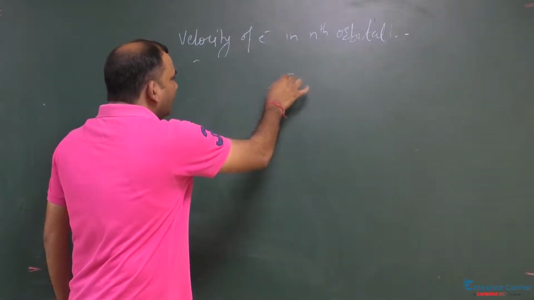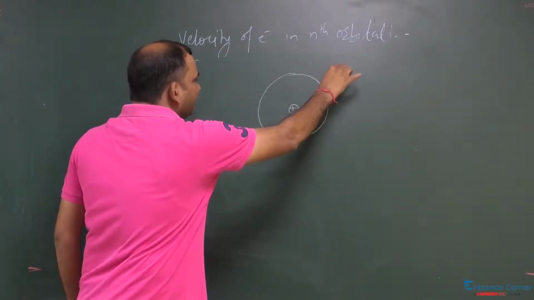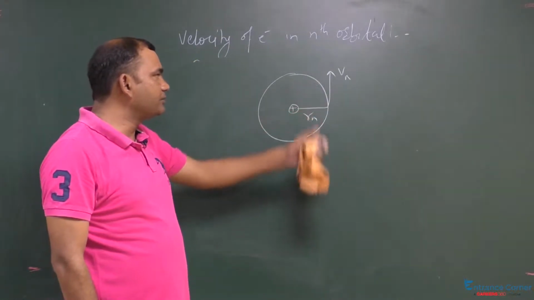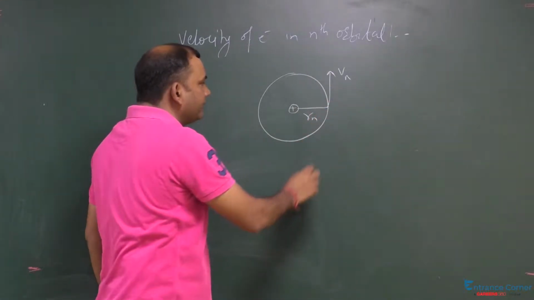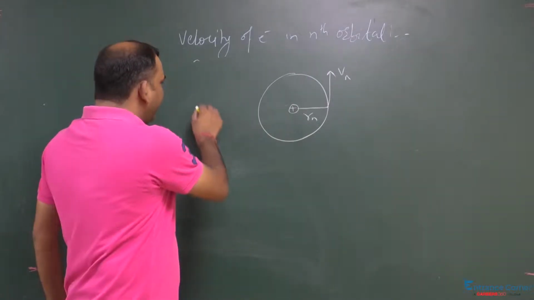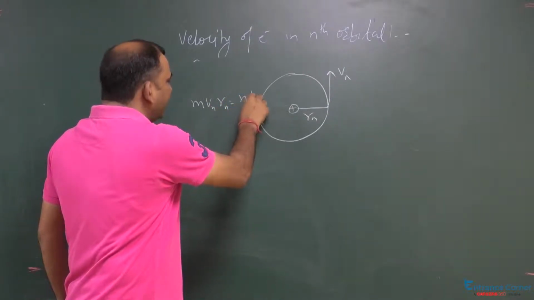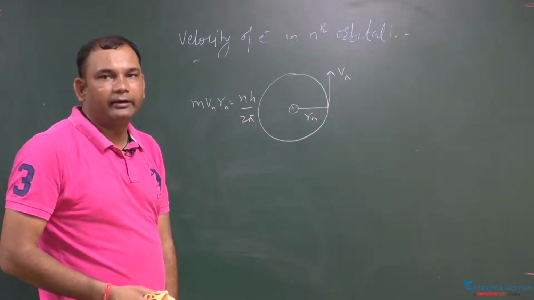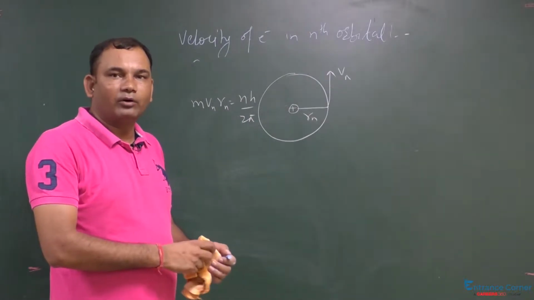So, we all know that when an electron revolves around the nucleus in radius Rn and speed in that orbit is Vn, then we can say from Bohr's quantization principle m Vn Rn is equal to nh upon 2 pi, right? m Vn Rn is equal to nh upon 2 pi.